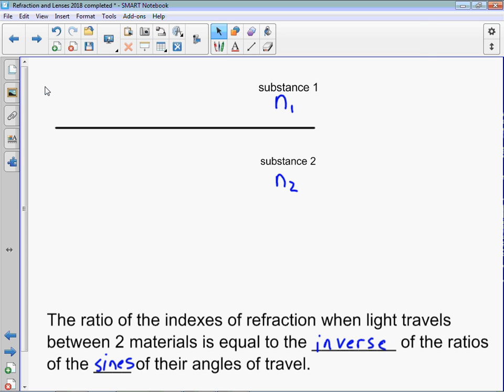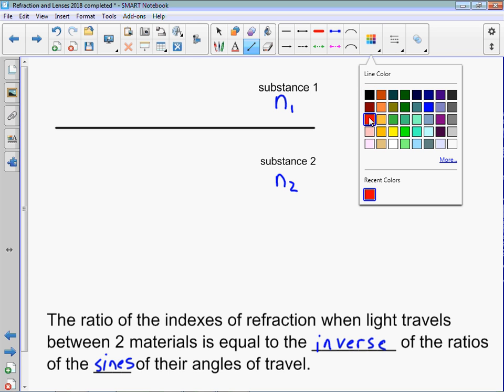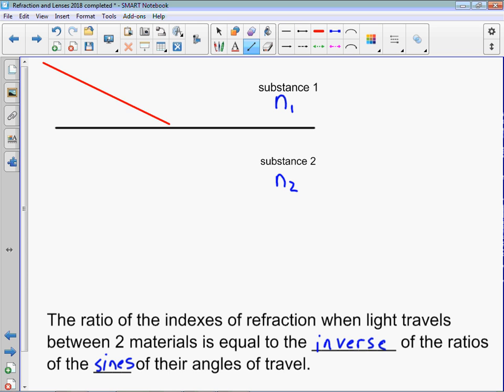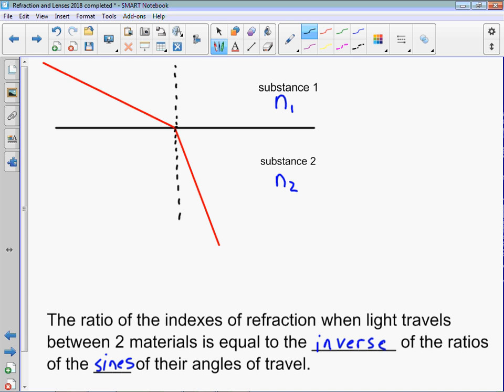So let's say that we have a light ray, change the color here, I have a light ray coming in, and it hits that spot, and then it's going to bend, and it's going to bend like that. And I'm going to put my normal in. Remember, the normal comes 90 degrees to the surface. So there's the normal.